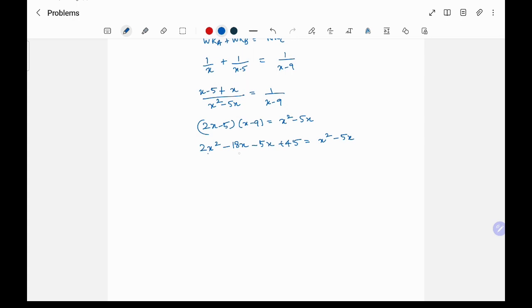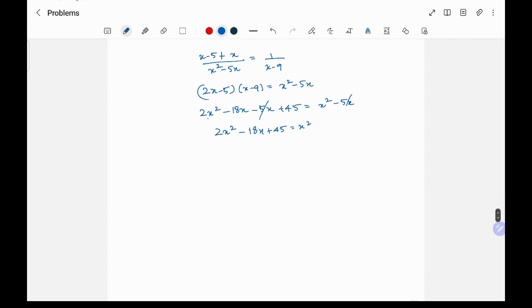Let's first simplify the left hand side. 5x cancels, so 18x plus 45 equal to x square, and bringing x square this side, we have x square minus 18x plus 45 equal to 0. 45 is nothing but 3 into 15, and 18 is 3 plus 15.